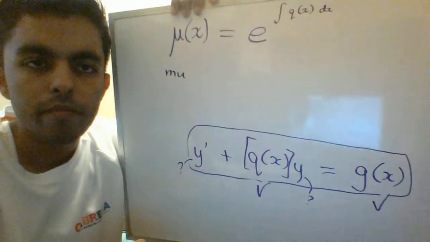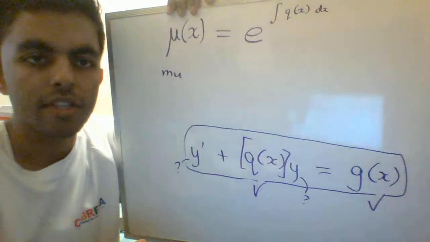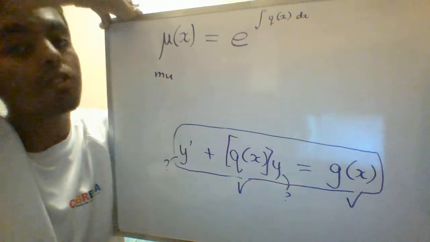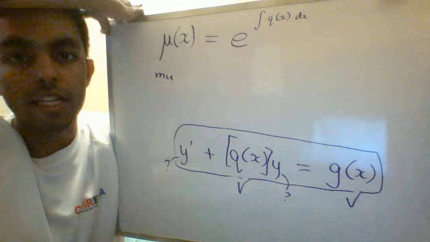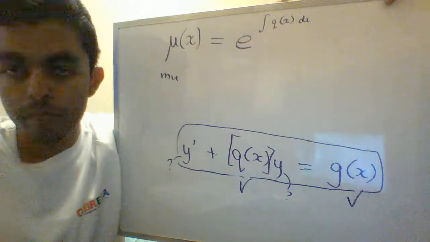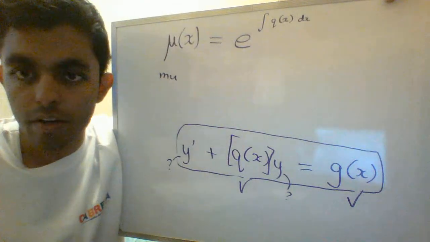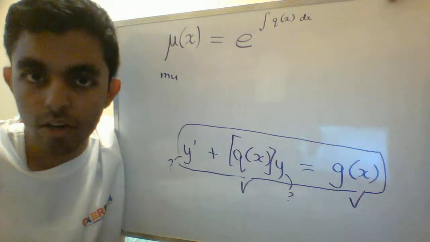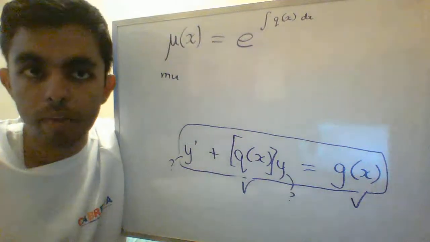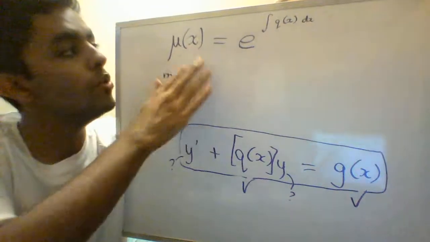That's what mu of x is. It's e to the exponent of the integral of little q of x dx. That's all in the exponent. We'll do an example of it either in the next 15 minutes or in the next class. But this is mu of x.